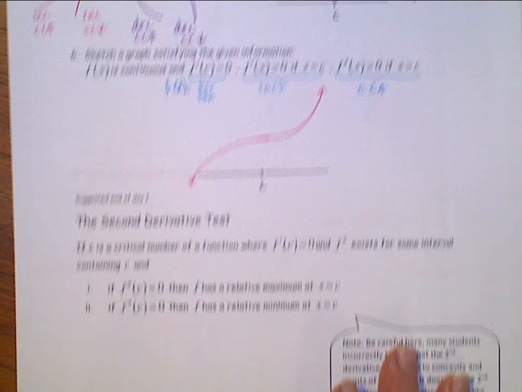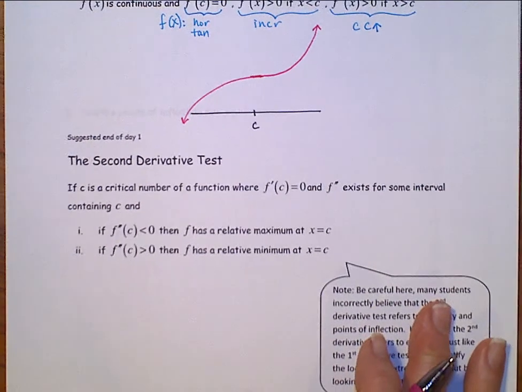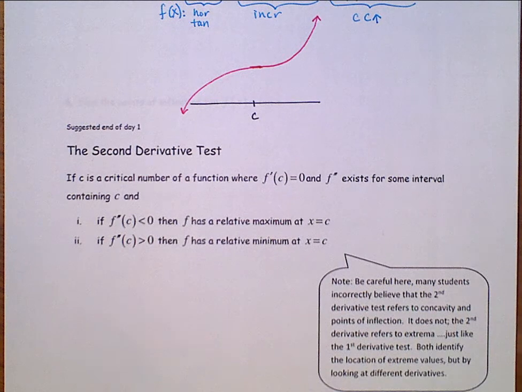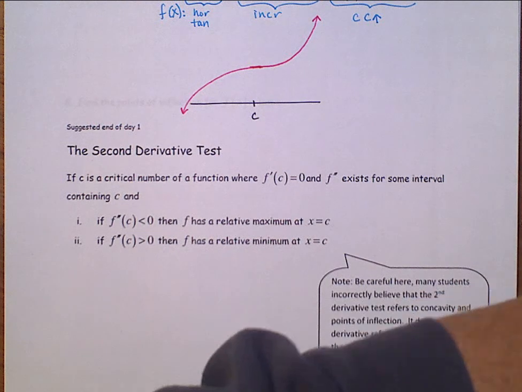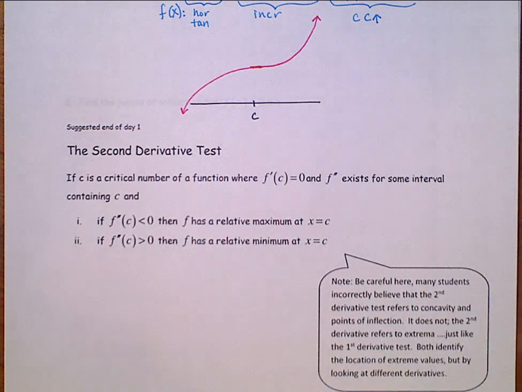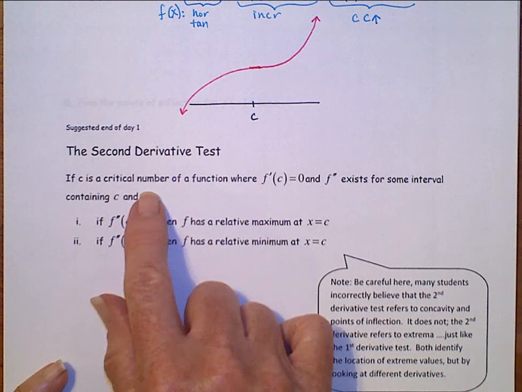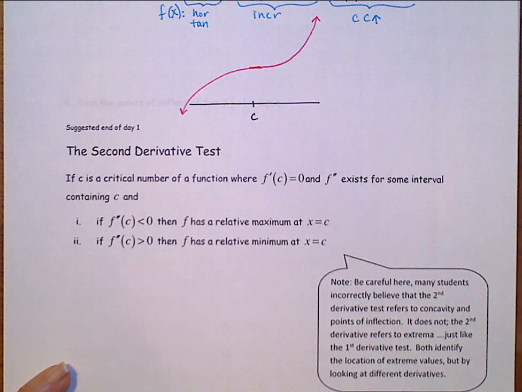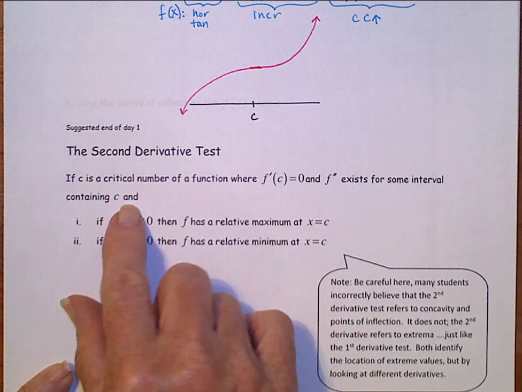Now, moving on, we have another test called the second derivative test. So we know about the first derivative test. That talks about f prime being greater than 0 or f prime being less than 0. The second derivative test is the following. It says if c is a critical number of a function where f prime of c is equal to 0 and f double prime exists for some interval containing c.